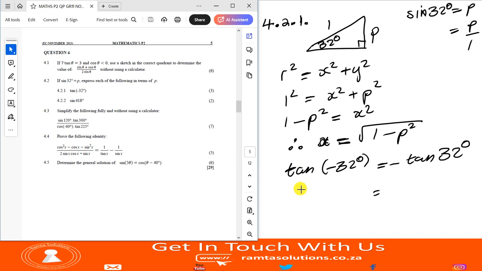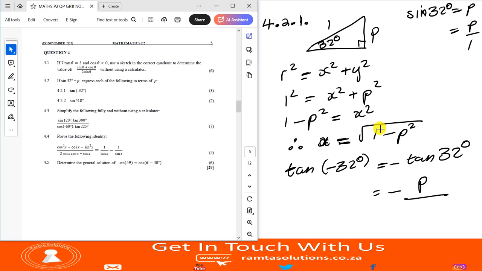So what do you know about tan 32 degrees? Tan is opposite over adjacent. The opposite is P. And the adjacent will be this x value that we got, which was square root of 1 minus p squared.